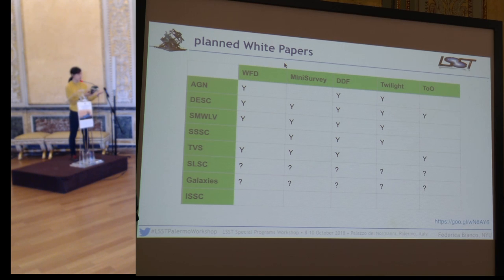Basically, any time that is left behind from the wide, fast, deep survey can be used for mini survey and deep drilling fields and TO, and those will be in competition with each other to fill in the 20 to 10% of the remaining time. So the number of deep drilling fields depends on the efficiency of all of the other components of the survey and the competitiveness of the proposals.